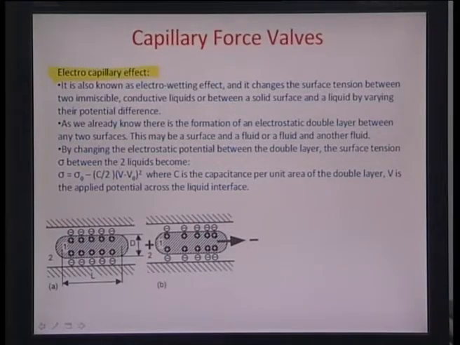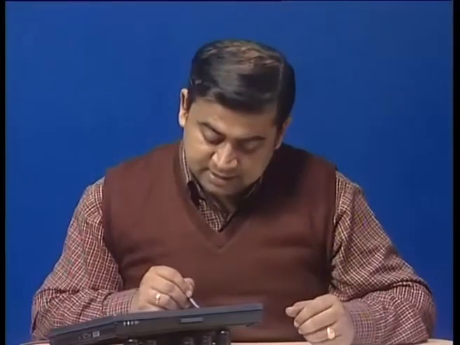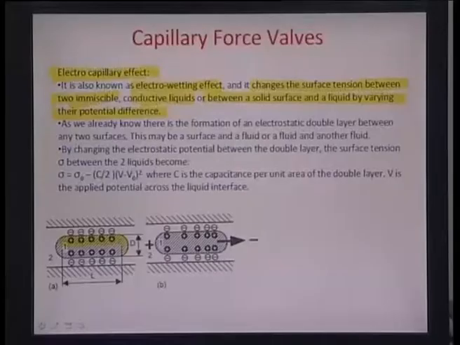You can call it several other names, like the electrowetting effect, and essentially it happens because the surface tension changes between two immiscible conducting liquids, or between a solid surface and a liquid, just by varying the potential difference between these. So here, as you are seeing, this is a uniformly distributed bubble with a double layer across it.